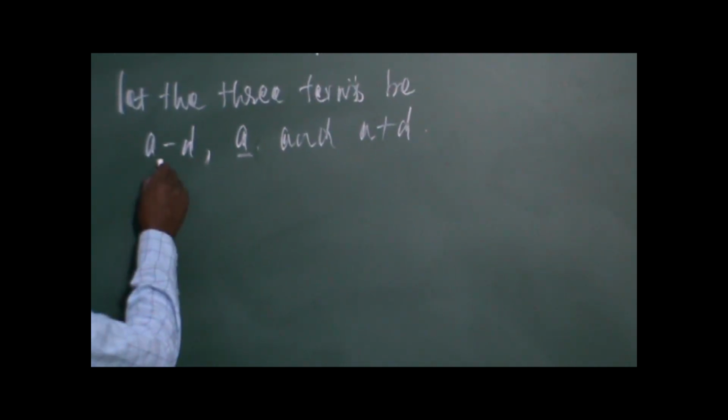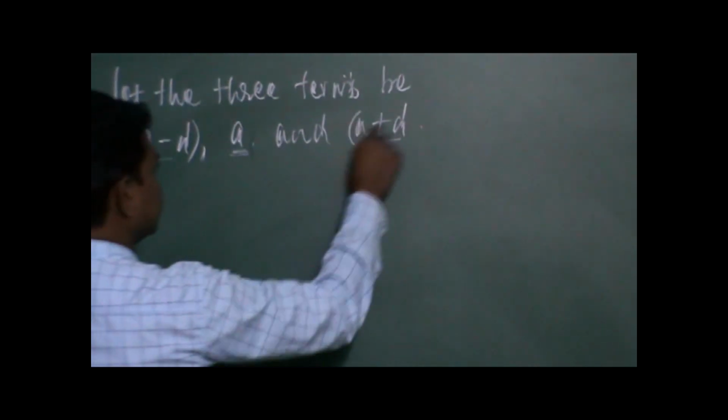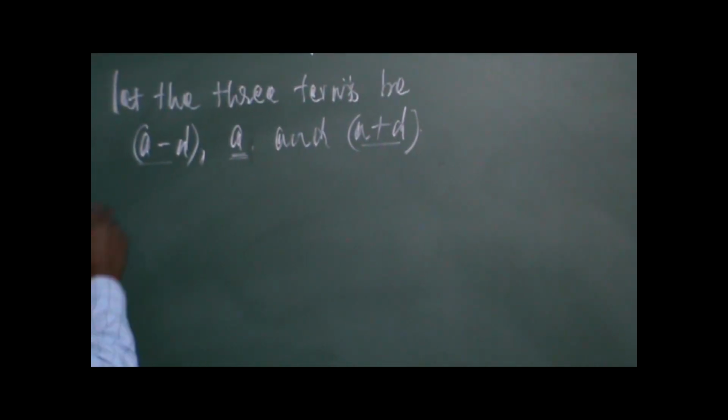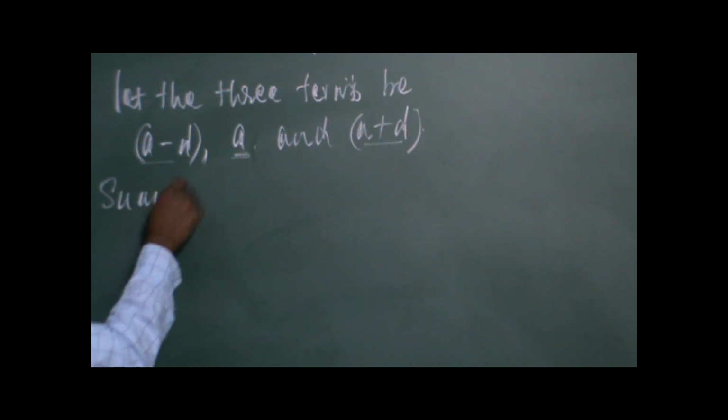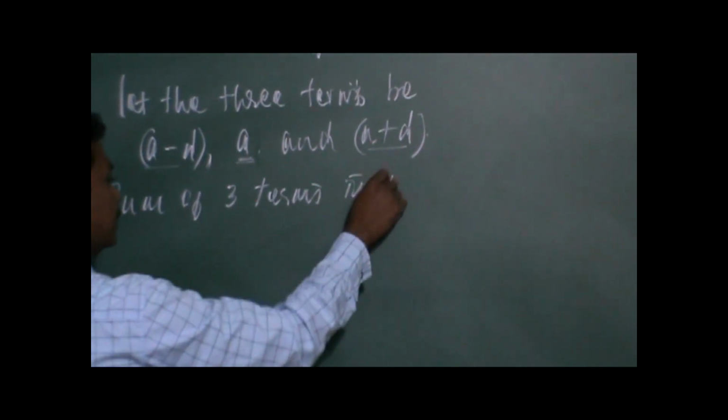Now we have all the three terms. So when we add these three terms, the sum is 12. So let us write down the statement. Sum of three terms is 12.